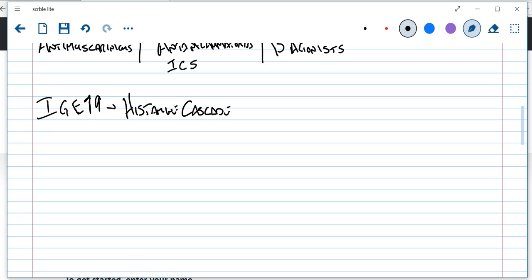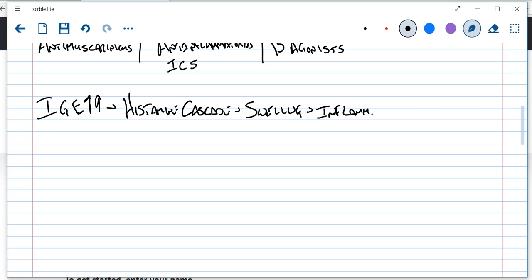And so what happens when you have a lot of histamine that's released into the system, you're going to have a bunch of swelling, which is going to lead to inflammation, which is what we're trying to avoid, right?